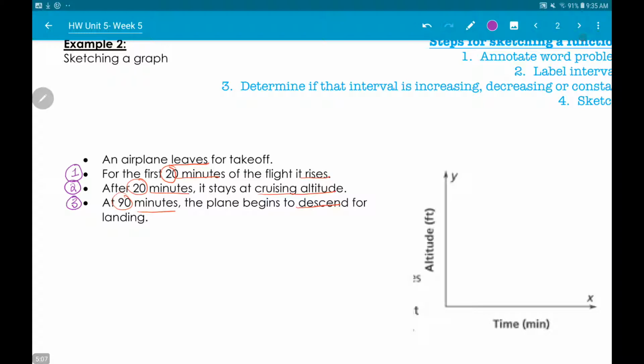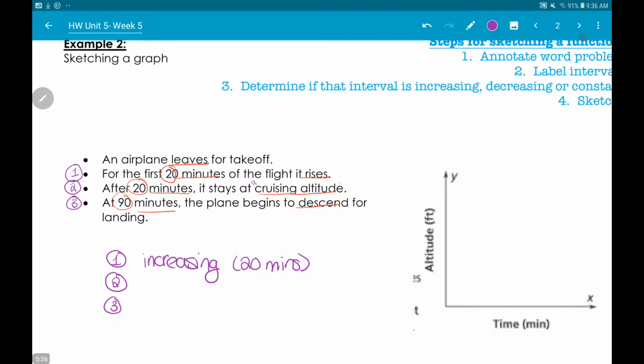Now I need to determine if my interval 1, 2, and 3 are increasing or decreasing. I'm going to label them down here. Interval 1 says for the first 20 minutes, the flight rises. So that means increasing for 20 minutes. Since we're sketching, we're not going to be accurate with the minutes, but it's good to know. It says after 20 minutes, it stays at cruising altitude.